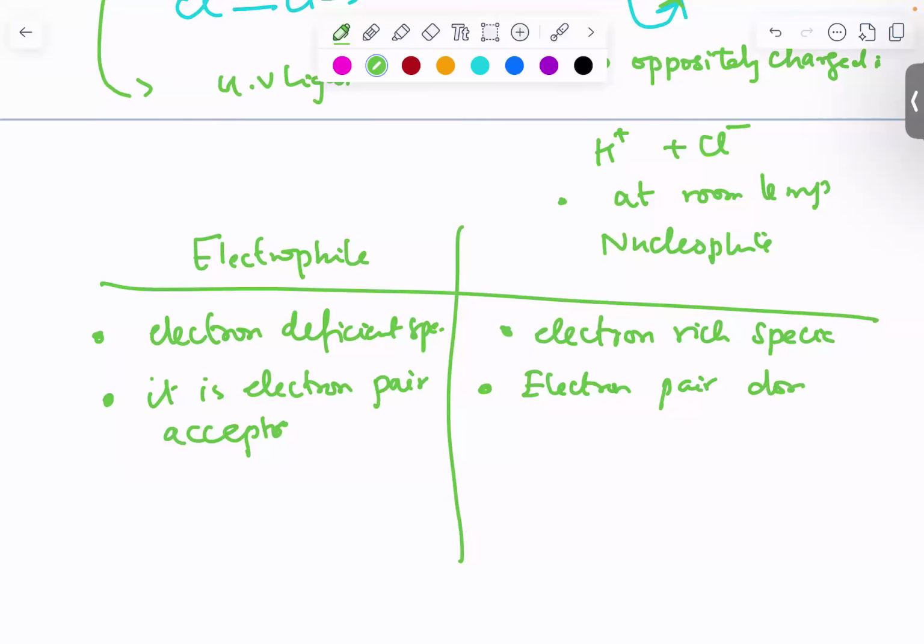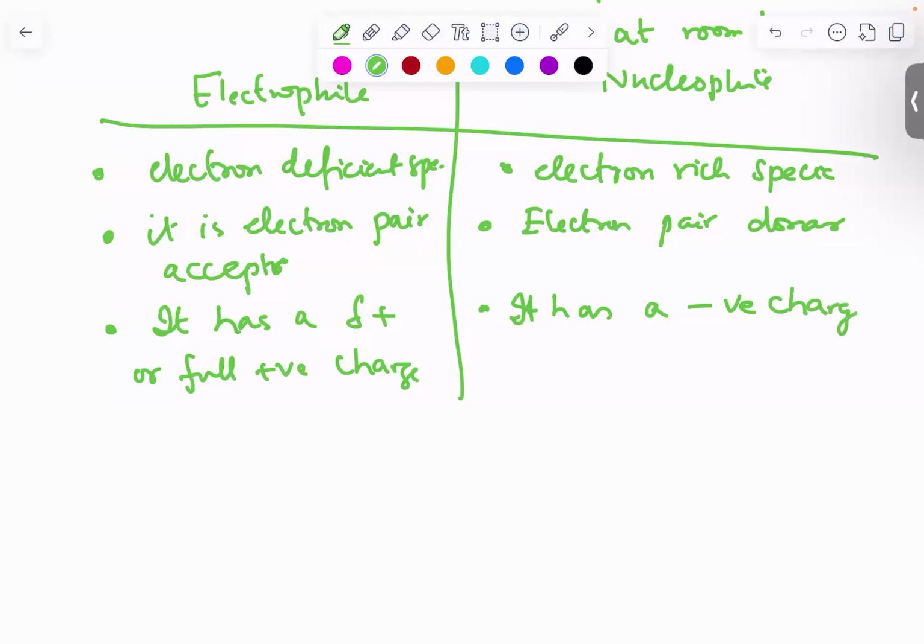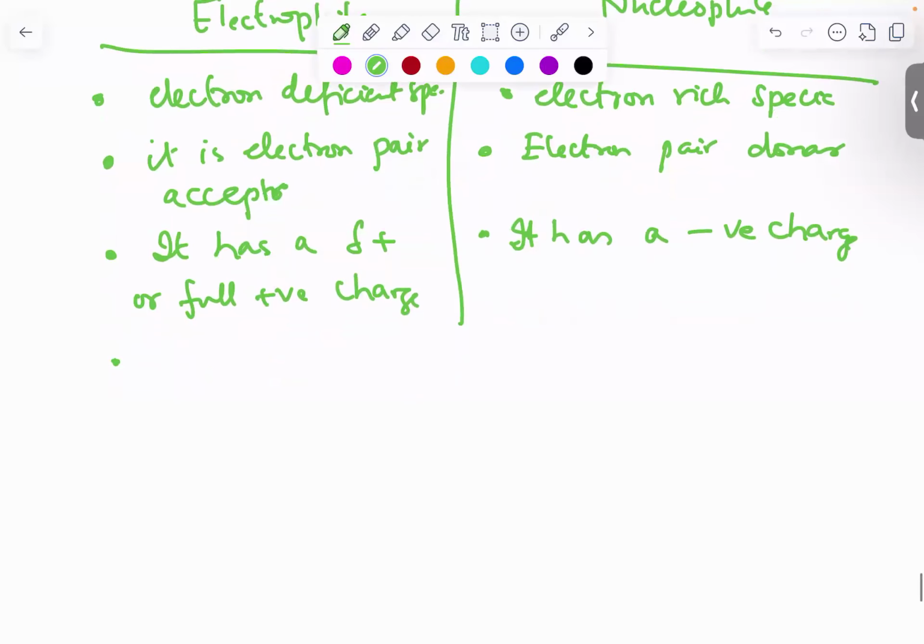An electrophile, most of the time rather, has a partial positive or full positive charge, and a nucleophile has a negative charge. The examples are, right?